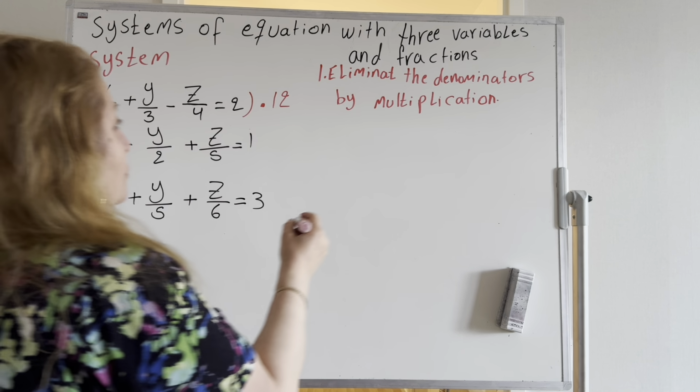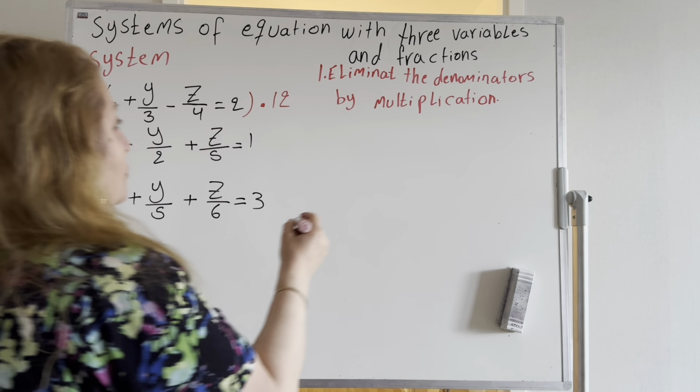To choose which number I multiply the third equation with, I will take 3, 2, and 5, because I have just one of every number, and when a number repeats, it doesn't matter, I will take just one.